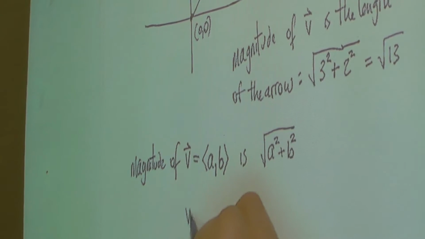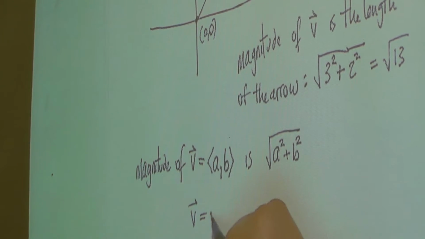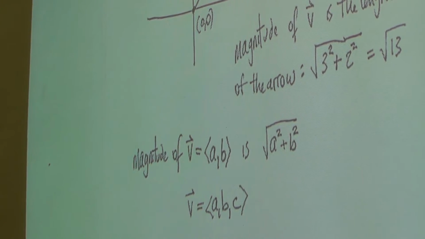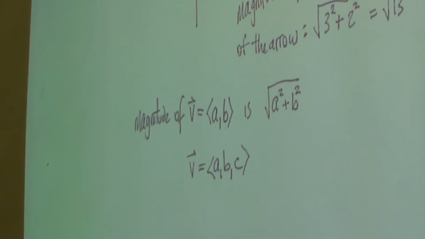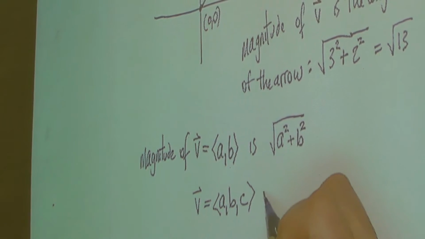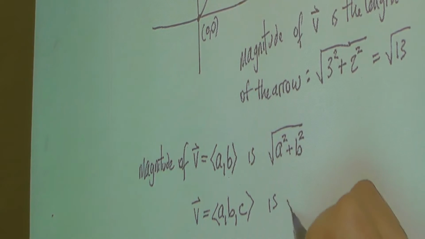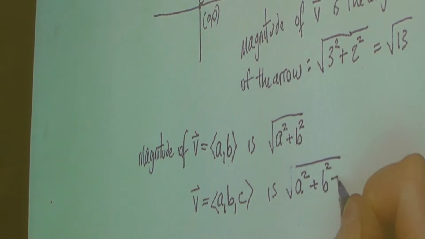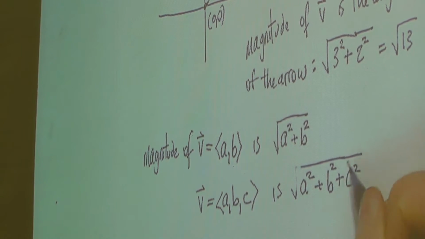If that vector is in 3 dimensions, the distance formula in 3 dimensions is no different than the distance formula in 2. Square root of A squared plus B squared plus C squared.